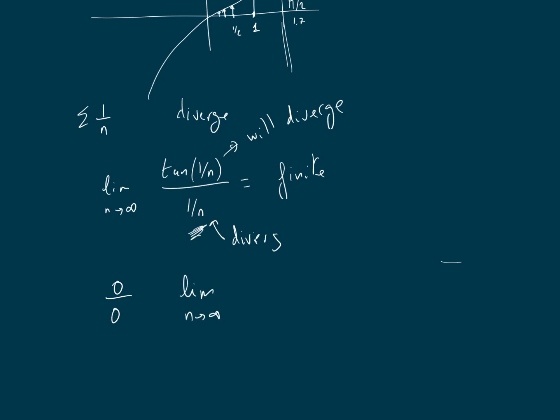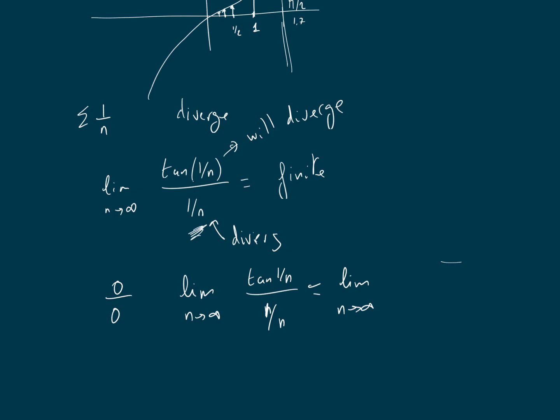So the limit when n goes to infinity of tangent of 1 divided by n, divided by 1 divided by n, is equal to the limit of the derivative of the numerator over the derivative of the denominator.